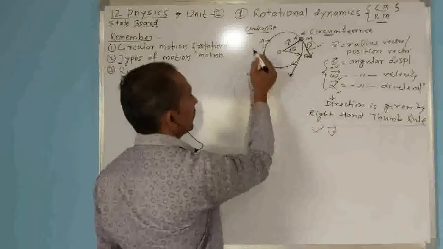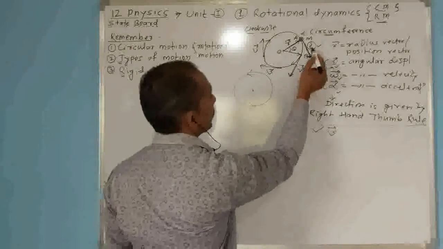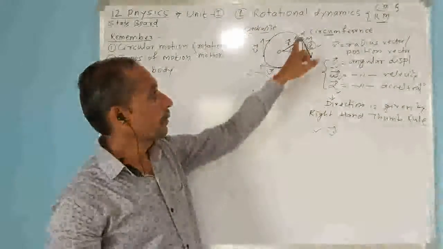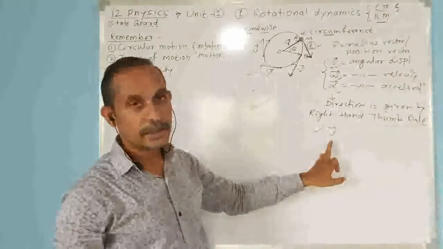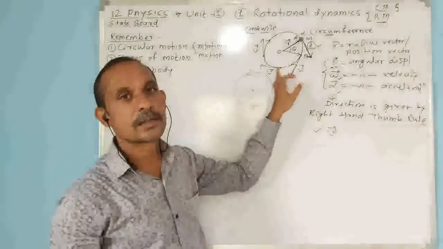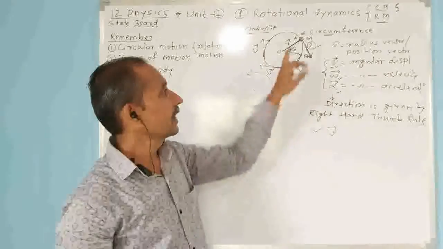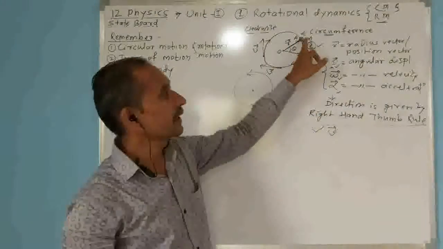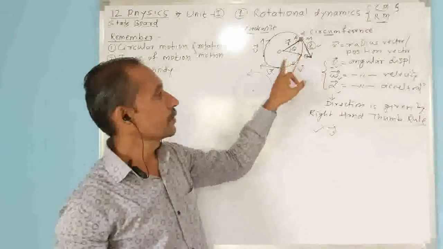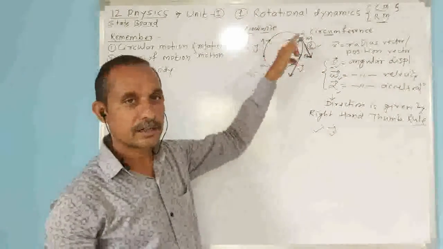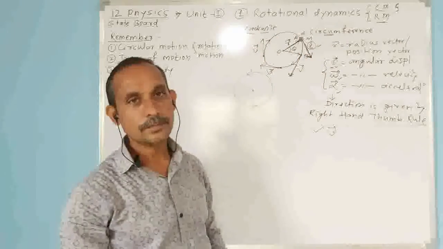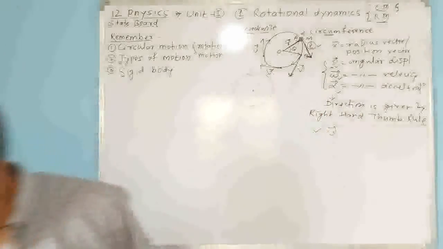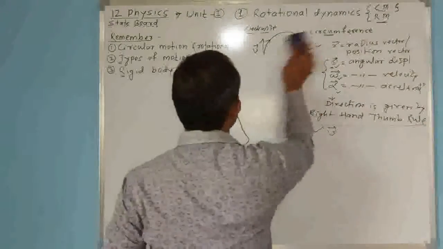In this circular motion, the particle possesses linear velocity, and it has a certain direction, which changes from position to position. All this information was studied last year. So let's see.